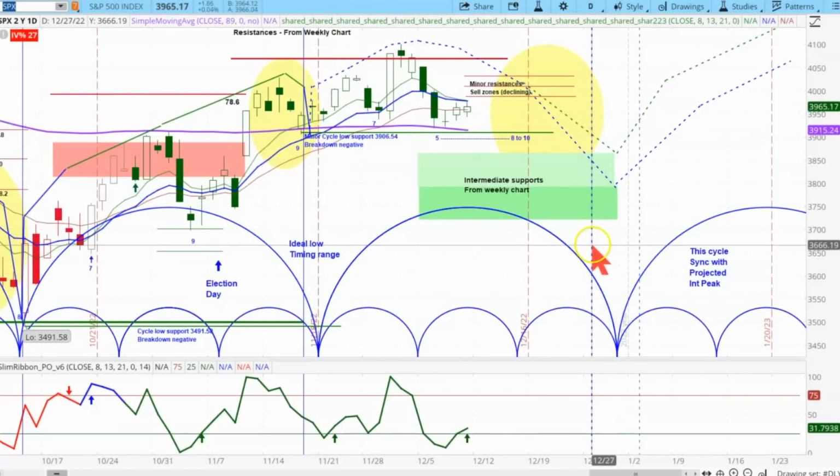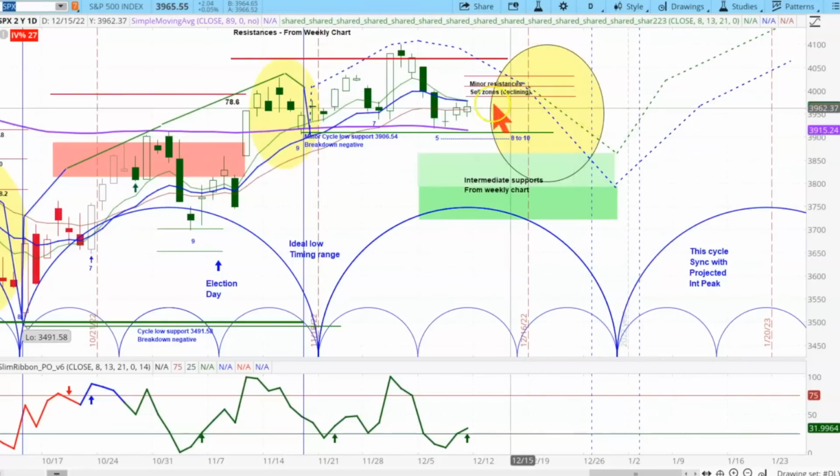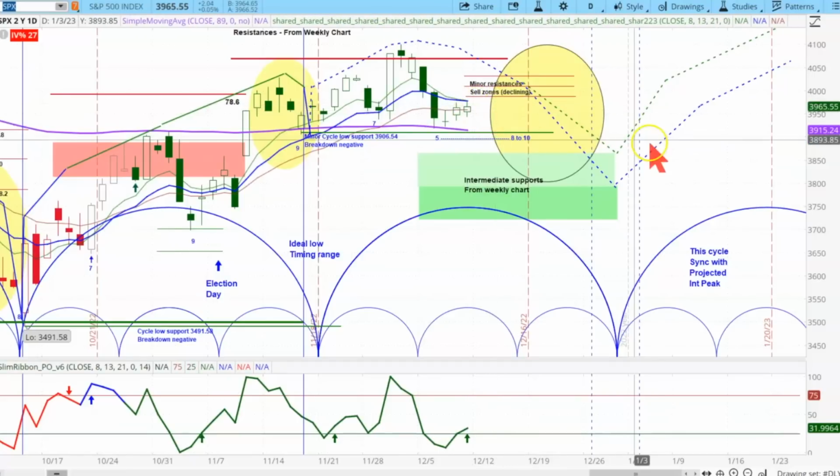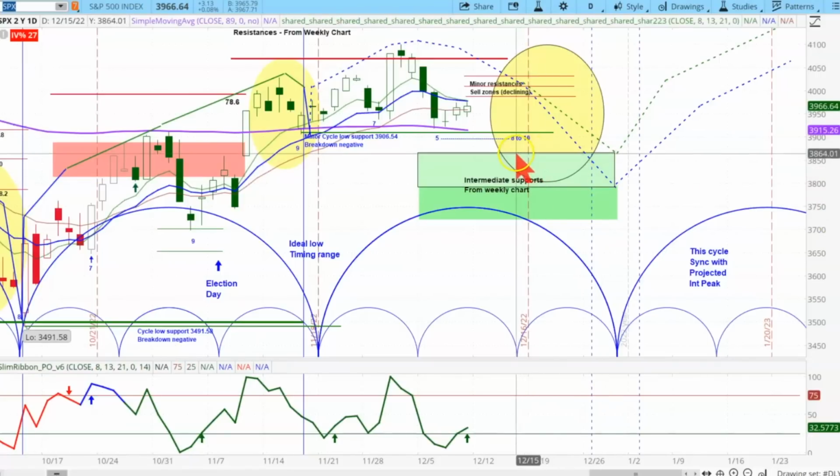You can see in here these blue vertical lines that the low projects out to 12/27 to around 1/4, January 4th. And that means that there is only a very small likelihood that any rally will be able to come that holds, and most likely declines will come. We had said last week that our projection on the SPY was around 386.